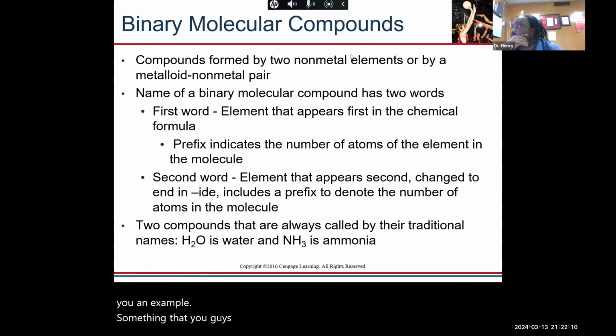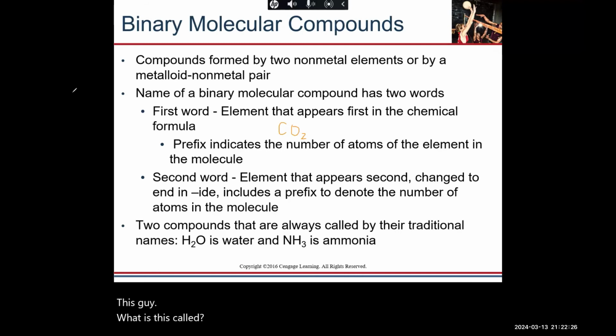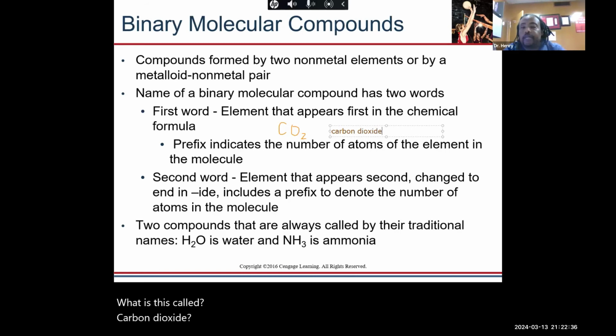So if I have this guy, what is this called? Carbon dioxide. So we know that this is called carbon dioxide.